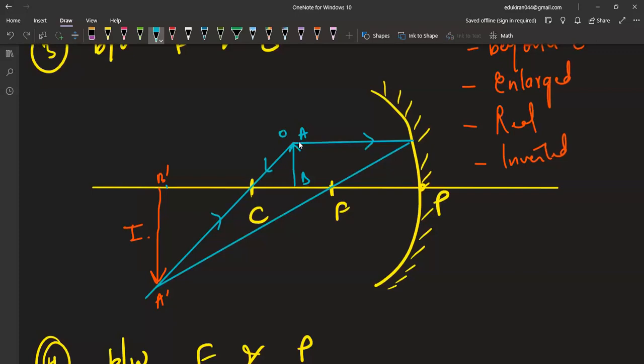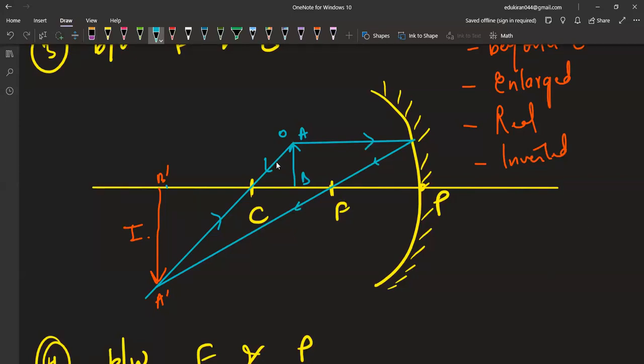The object is there. Rays are going parallel. The way we perform the ray diagram drawing, the ray parallel to the principal axis passes through the focus. The second ray of light passes through the center of curvature.